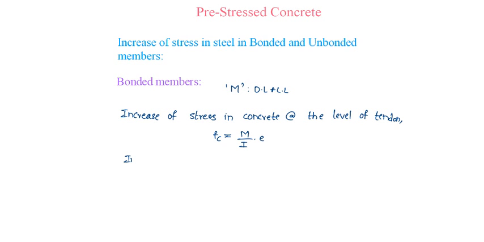Then the increase of strain in concrete will be equal to stress by Young's modulus. Since Young's modulus is equal to stress by strain, strain will be equal to stress by Young's modulus, which is equal to M by I into E into 1 by Young's modulus of concrete.